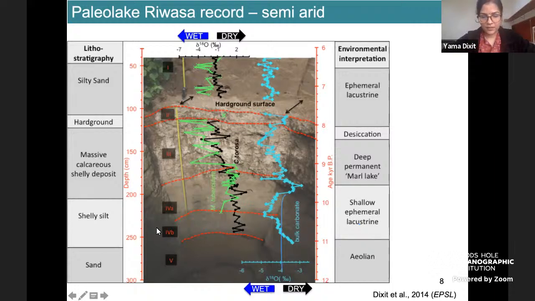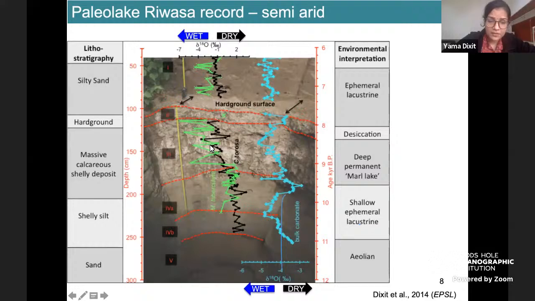After a point, the bigger ones also start to appear. Now these are oxygen isotopes measured on both of these shells. You can see a general depletion of values in both, which we think shows that the lake was evolving from a shallow ephemeral lacustrine lake to a deep permanent marl lake.